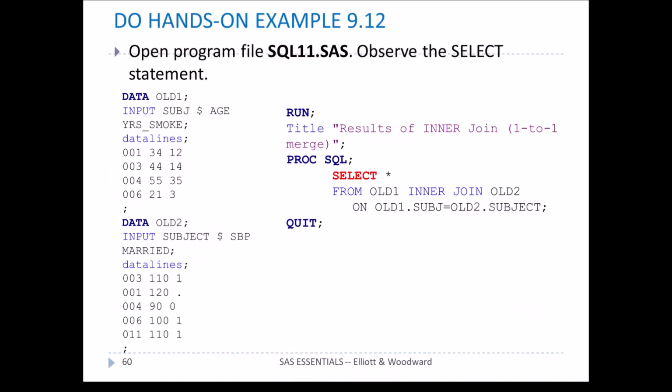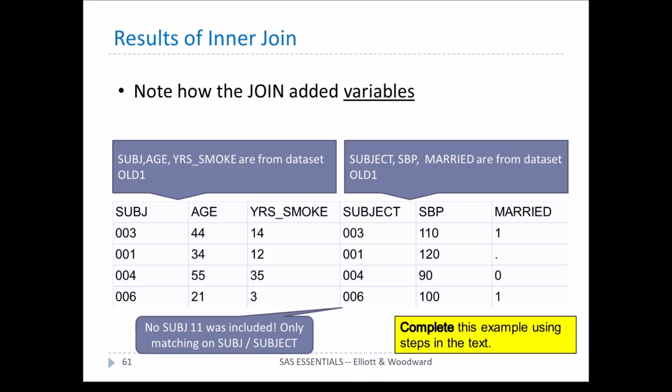Let's go back a second and see that old two had a subject number 011, but old one didn't have that subject on there. So when we combined them, in this version of join, it only combined the records that had matching values on the two items that we listed.